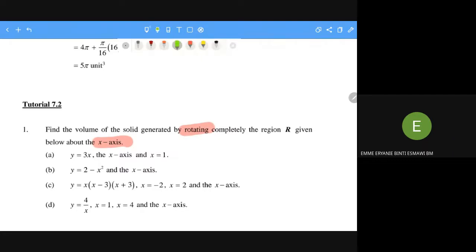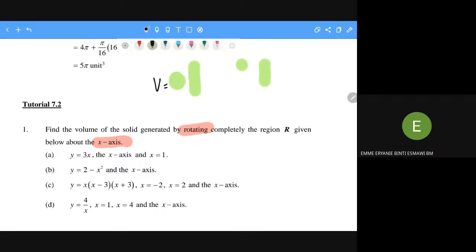Okay, if you remember the formula for volume tu, I have mentioned in the previous class, there's going to be 4 green highlighters that you need to highlight. Maksudnya 4 main symbols that you have to write yang fix, memang tak berubah, iaitu 1, 2, 3, 4. Okay, so pelik kan?